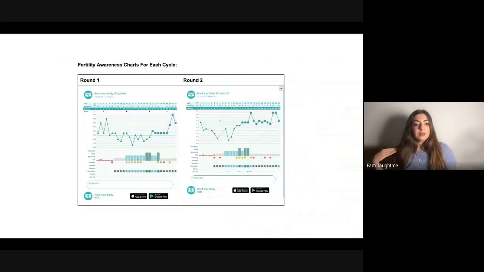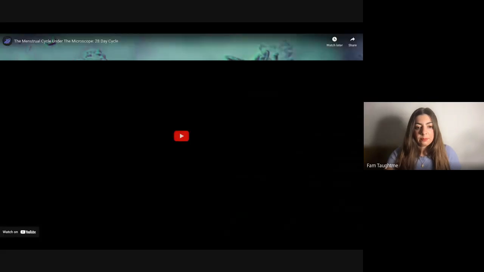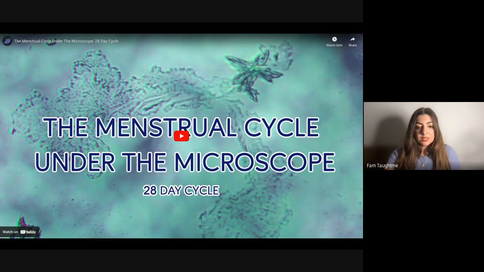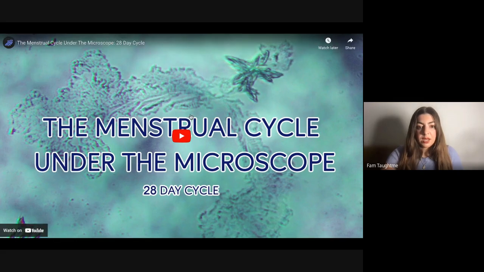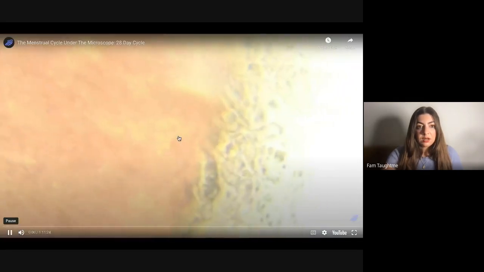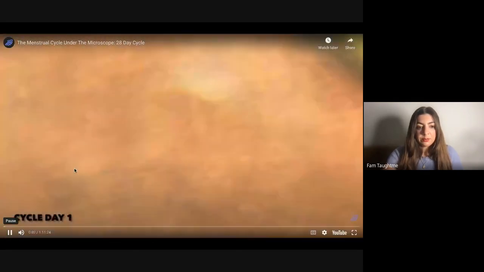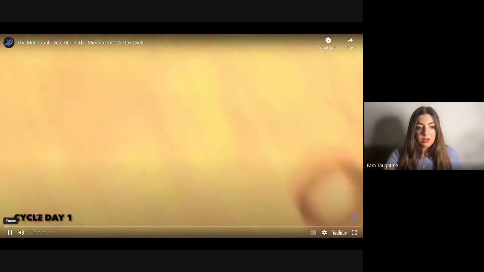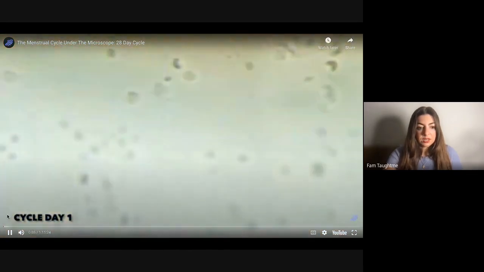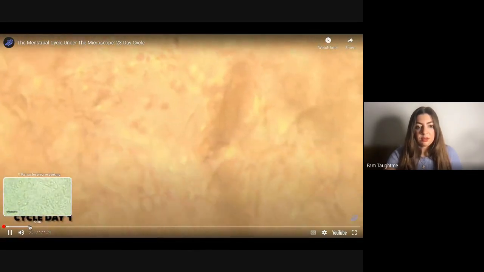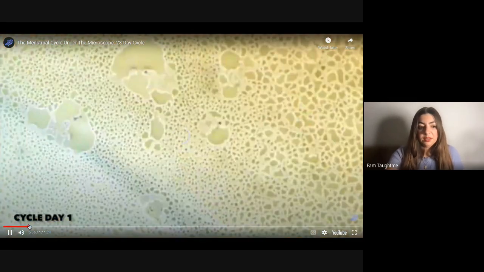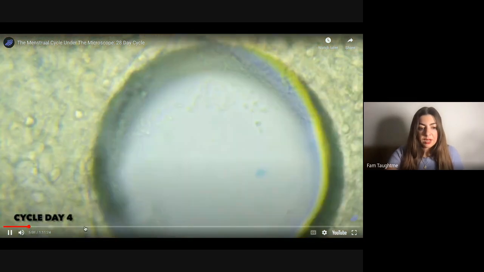So I had 2 fertility awareness charts that went along with my studies here. This is what they look like. And you can see in this, let me see if I can get it to play. I actually got on YouTube and ended up putting together all of the cycle days so you can watch me go through the experiment the first time.